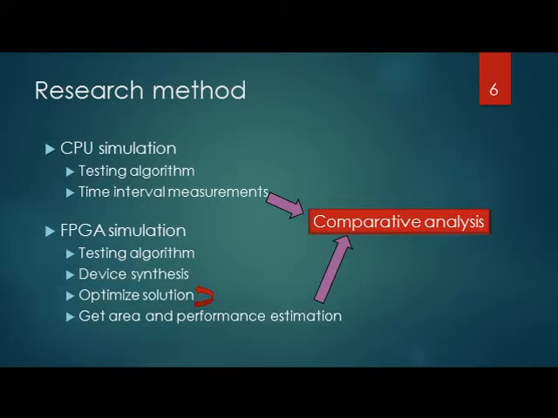For the hardware solution, there is an iterative procedure of optimizing the device by using high-level synthesis directives to parallelize the sorting procedure and increase the performance. To get sorting device performance, HLS gives us an estimation of minimal clock period and initiation interval, the number of clock periods necessary to complete execution of the particular sorting algorithm.